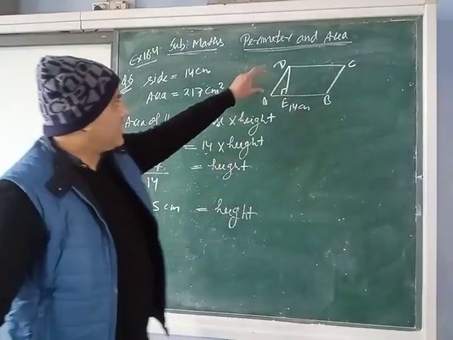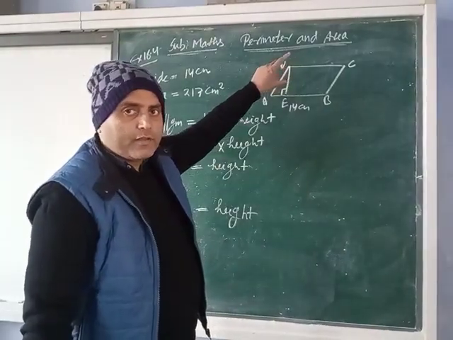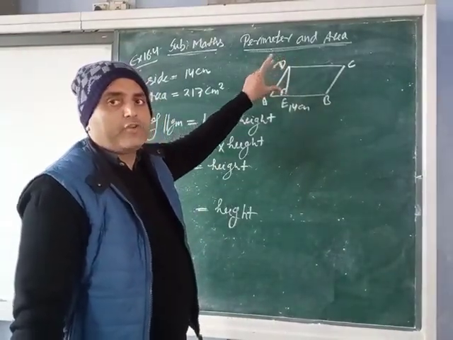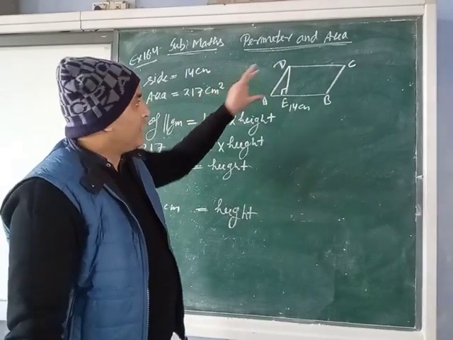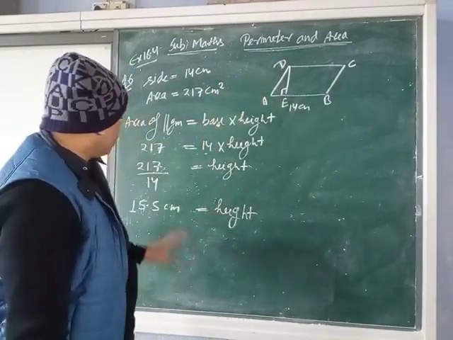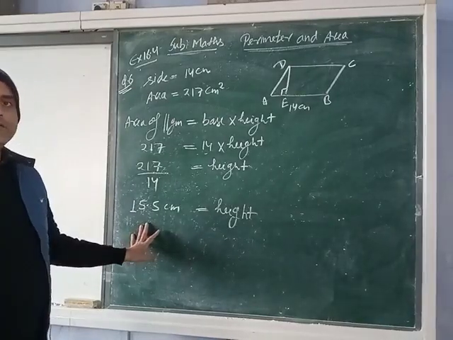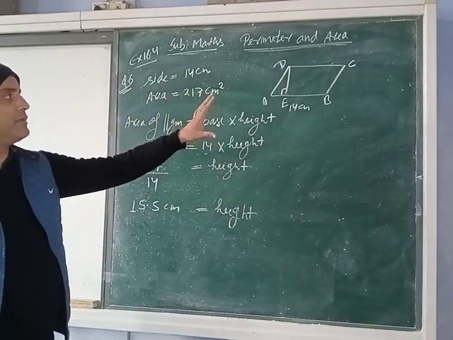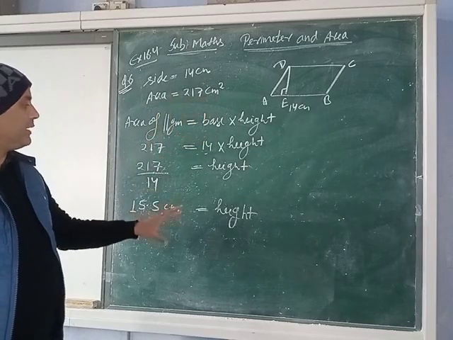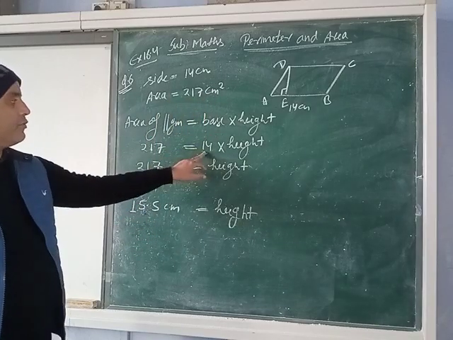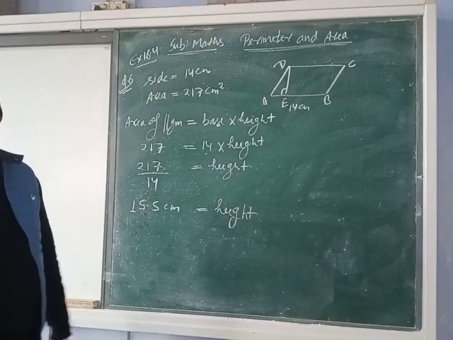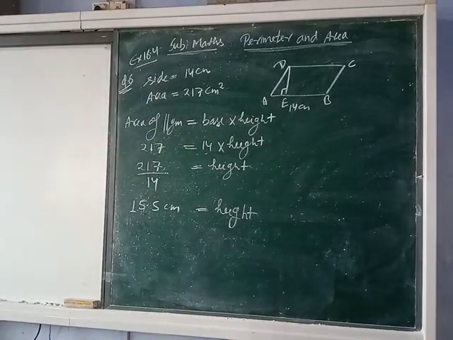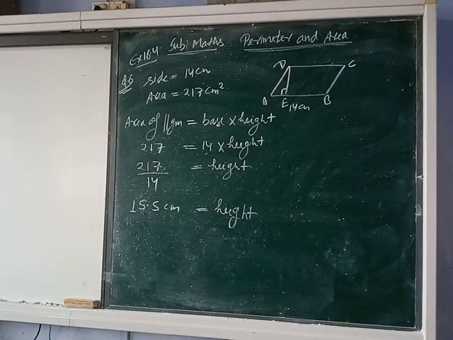So this is the height DE. You can say DE is the height or altitude of that parallelogram. So the altitude is 15.5 centimeter. For parallelogram ABCD, with altitude 15.5 and base 14, we get the area of the parallelogram. Now write.